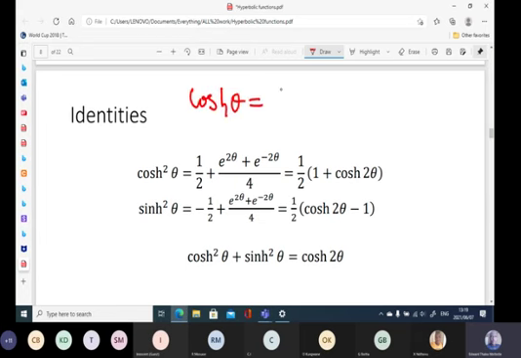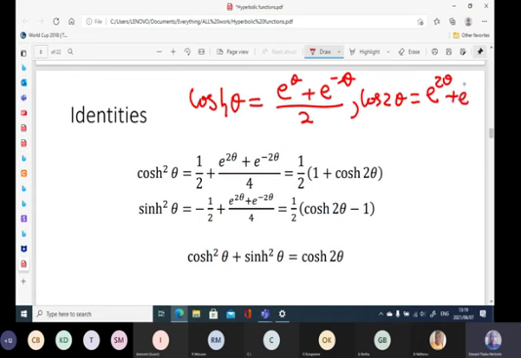Okay, and then cosh 2 theta will be equivalent to e to the power 2 theta plus e to the power minus 2 theta all over 2. Okay, this is not cos, it's cosh actually. I'm used to cos.